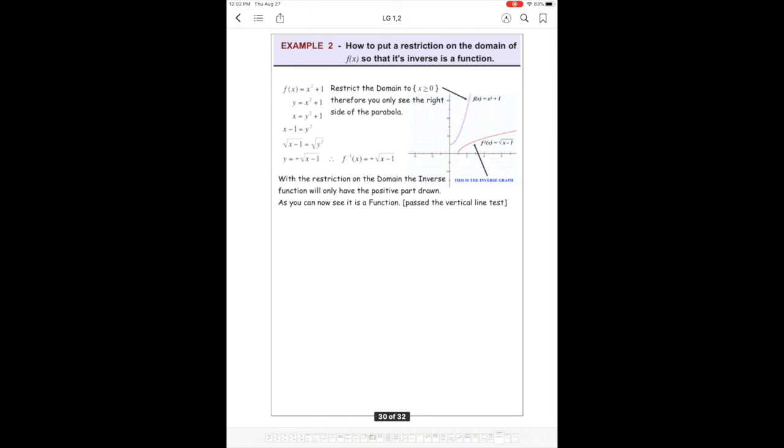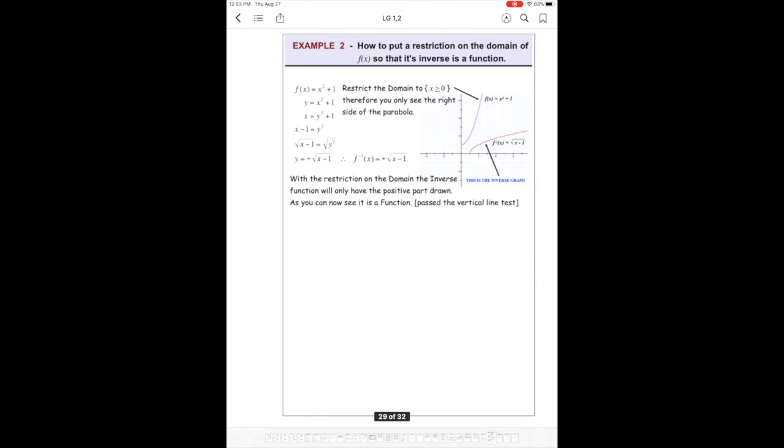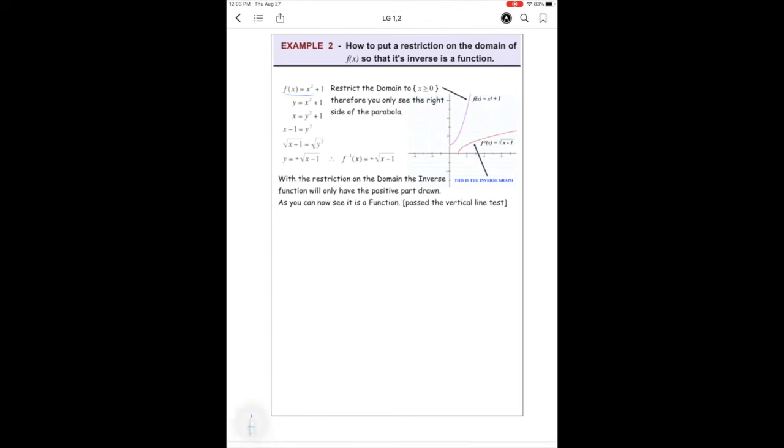Now, sometimes when you get functions, you can put a restriction on the domain so you can make the inverse a function. So here's an example. That last one I gave you, if I sketched this guy, it was looking like that, and then the other side would come up, right?